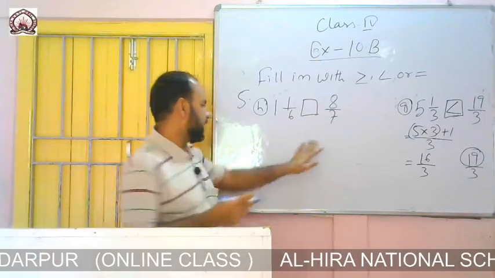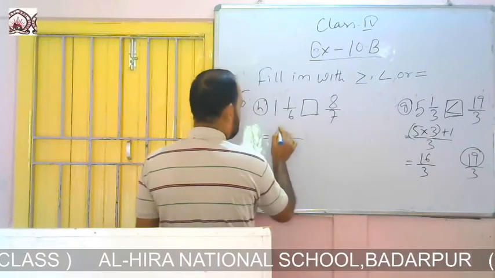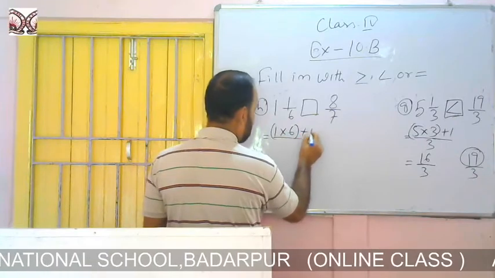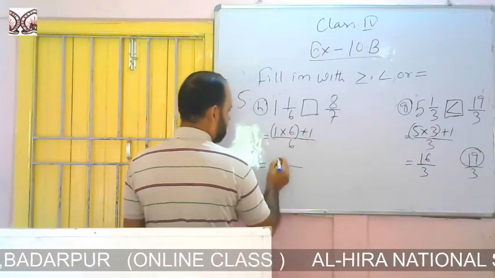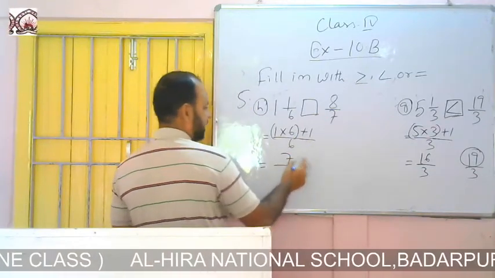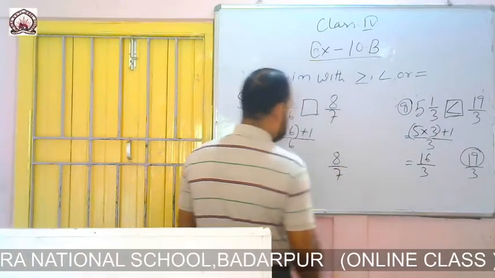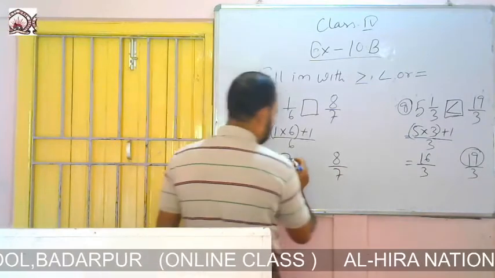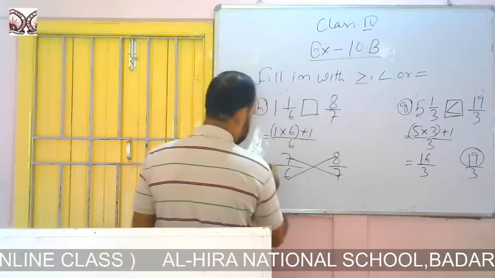So we change the mixed fraction to an improper fraction. 1 into 6 plus 1 by 6. So 6 1s are 6 plus 1, 7 by 6. But here 7 by 6 and this one is 8 by 7. Both fractions are unlike fractions, so we have to do cross multiplication.